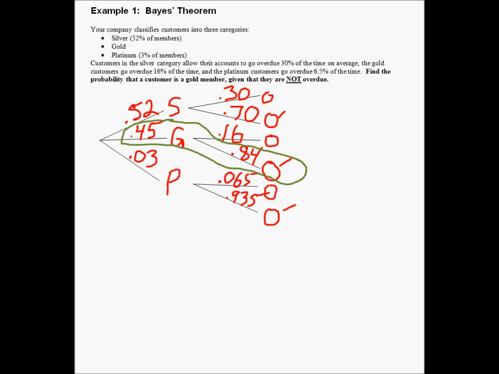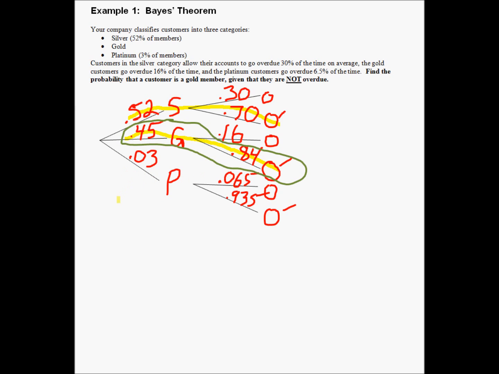Now, the next piece of this is those that are overdue or not overdue, all the different ways, whether they're silver, gold, or platinum. That's going to represent our denominator, and I'm going to see if I can highlight this here. So that would be this group here, and we also include this piece that was for our numerator, gold and not overdue.